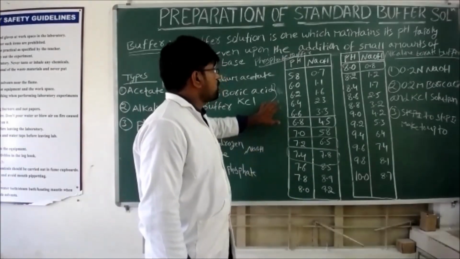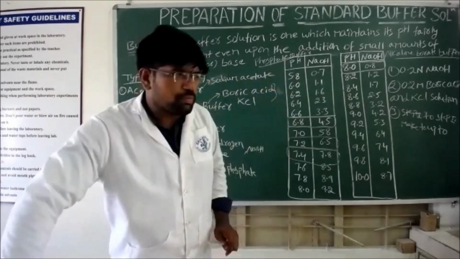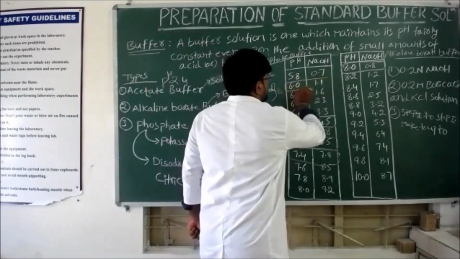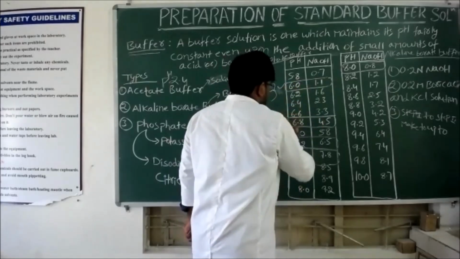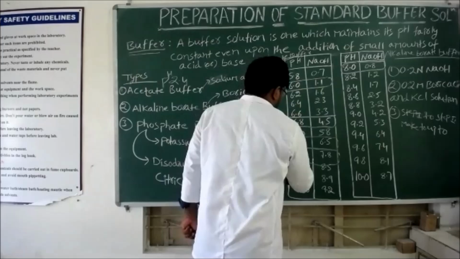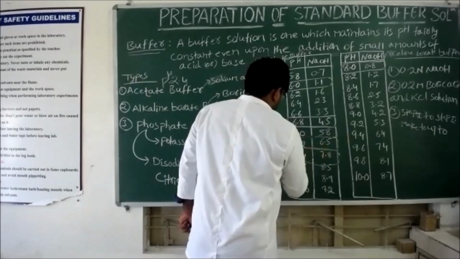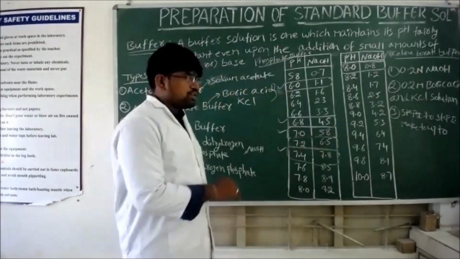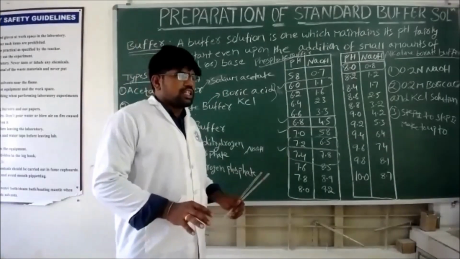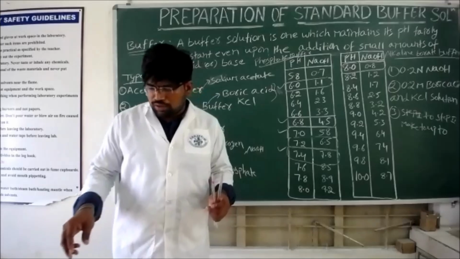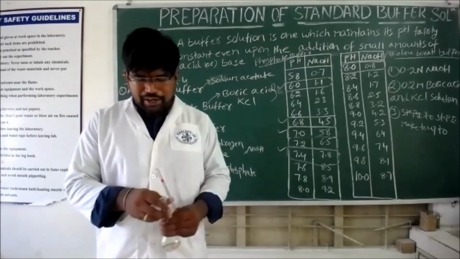Now I will show you how to prepare three or four phosphate buffers. I am taking the examples of phosphate buffer pH 6, phosphate buffer 6.8, phosphate buffer 7, and phosphate buffer 7.4. First, the preparation of the 6 buffer. Generally for all preparations, first we have to take 2 ml of the 0.2 molar potassium dihydrogen phosphate.